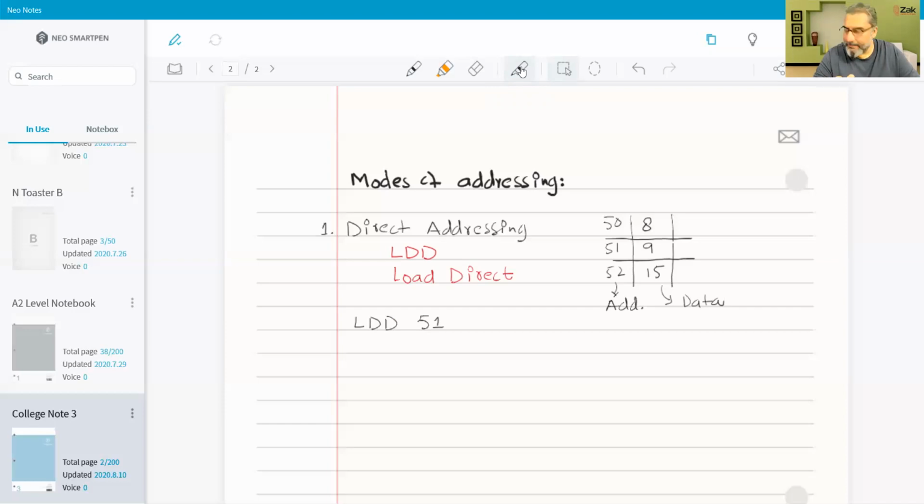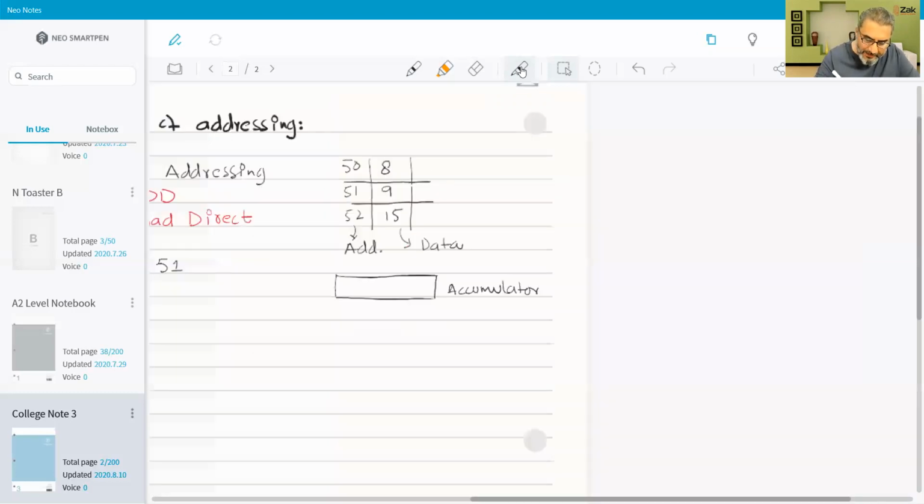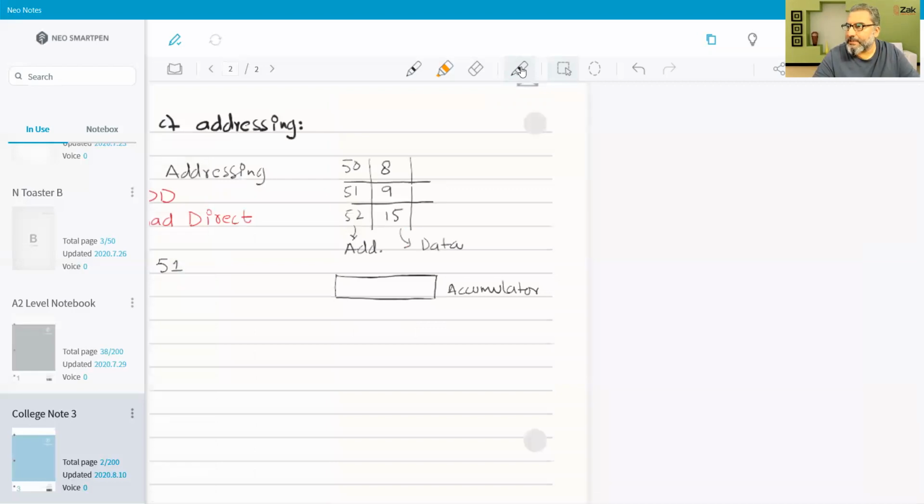So what will happen? Let's say I've got the accumulator. What do I get in the accumulator when executing this LDD 51? I will have 9 in the accumulator.